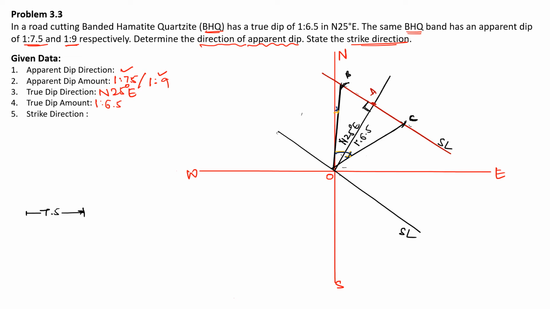So if you take the direction for 1:7.5, you will get it from this. Now measure 9 centimeters in your compass and once again do it.